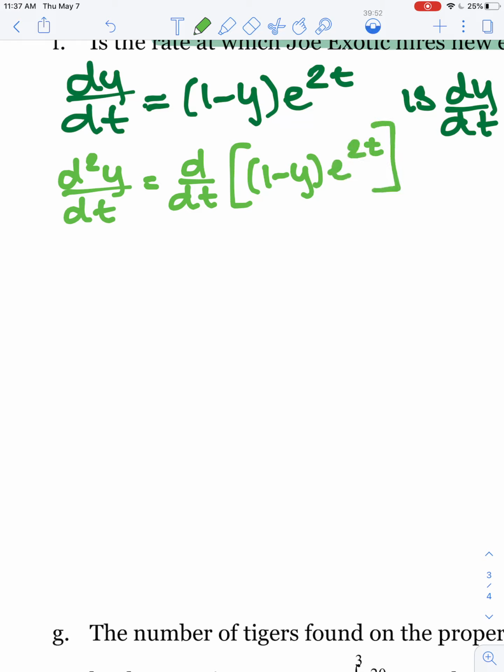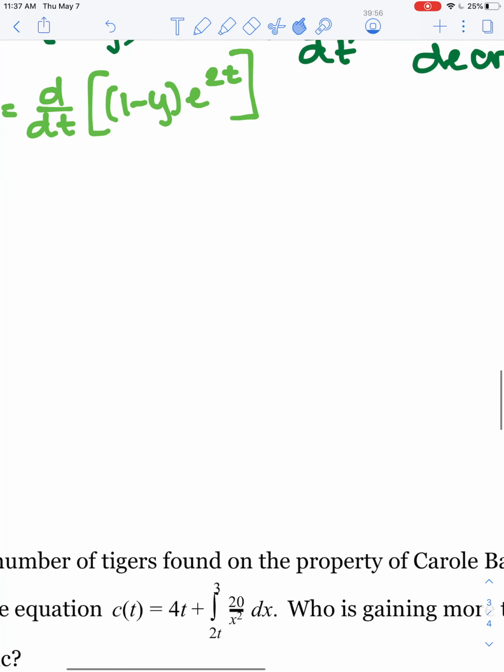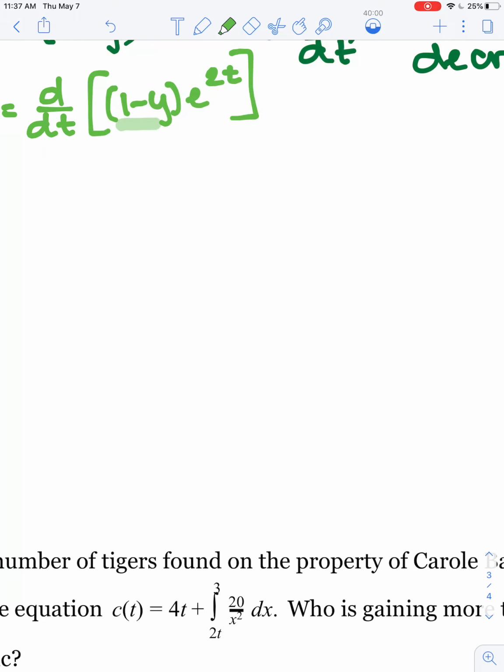And there is a lot going on in that derivative, so I'm going to take some time to break up all of these steps. So notice that this is a product, right? We have our first function and then our second function, so we're going to need to utilize the product rule. So when we take the derivative, we'll leave our first function alone, 1 minus y, and then we need to take the derivative of our second function.